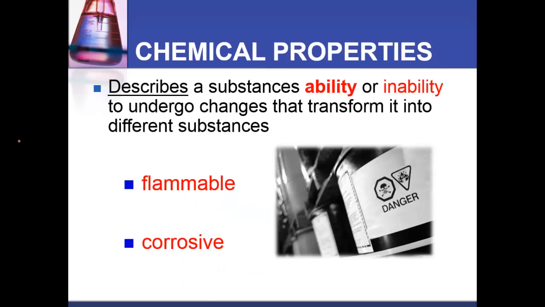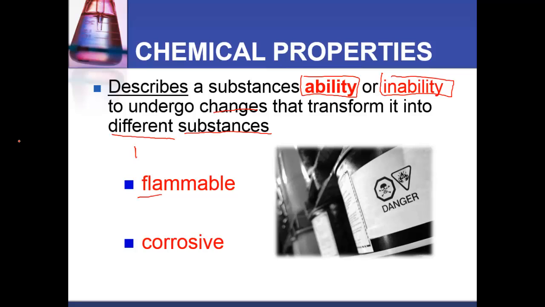Chemical properties are going to be the ability or the inability for it to undergo a change to a different substance. So a new substance is produced or would be produced. So the key is the ability to undergo change to a new substance.